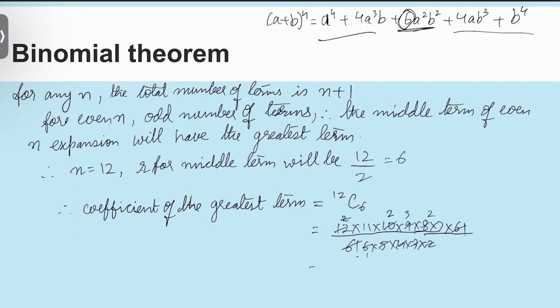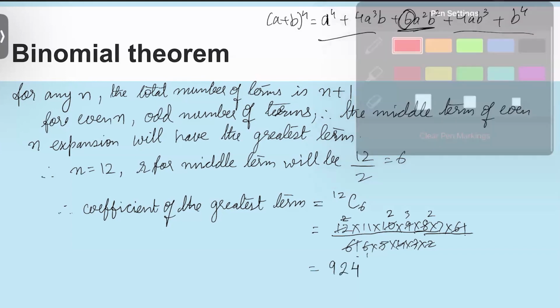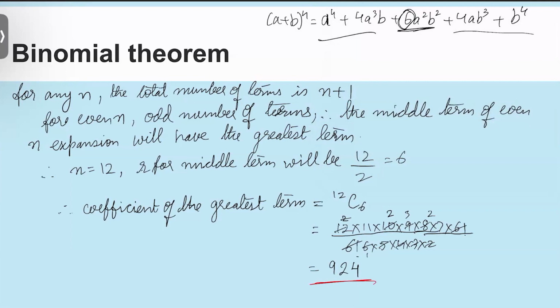When you evaluate this, the final answer would be 11 into 2 into 3, so 66, 66 into 2. So this actually comes up to 924. This is your final answer.